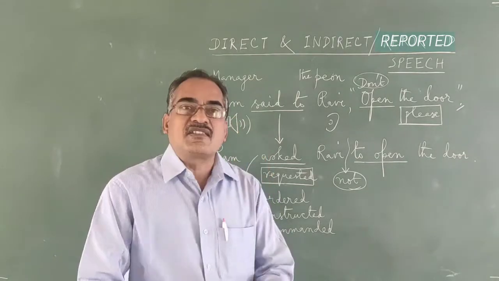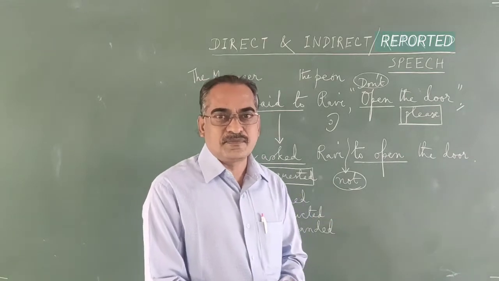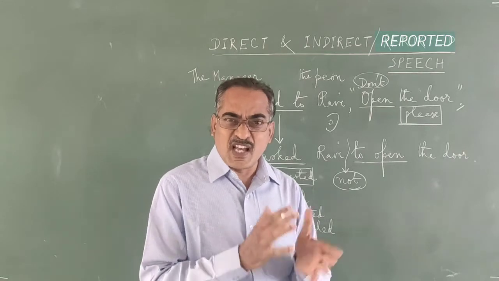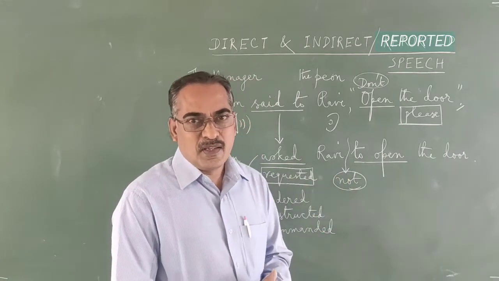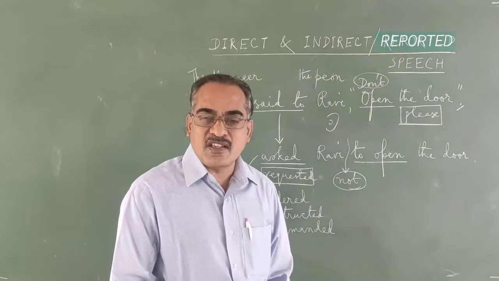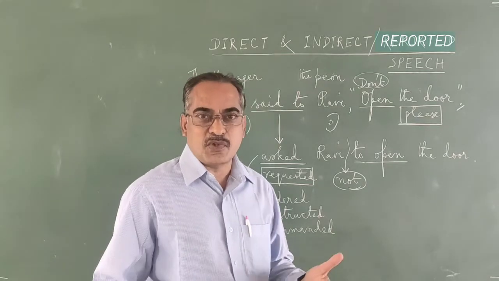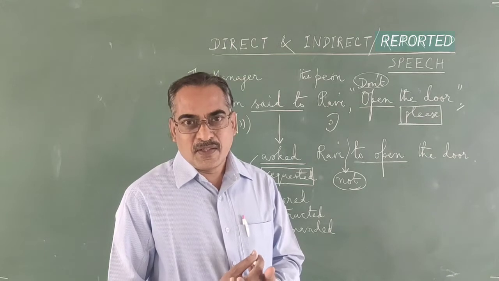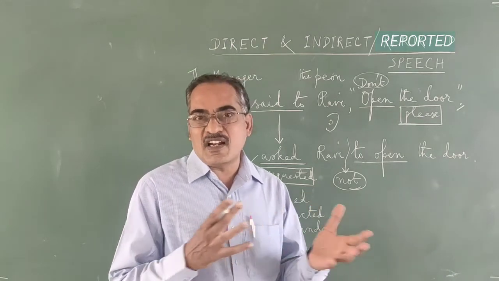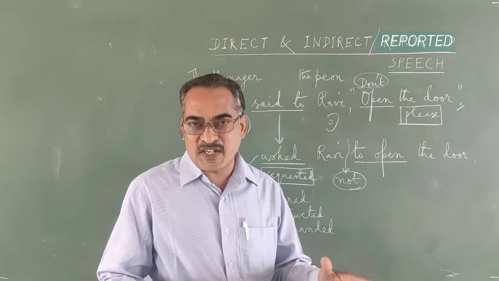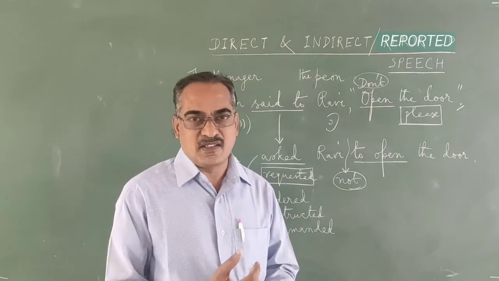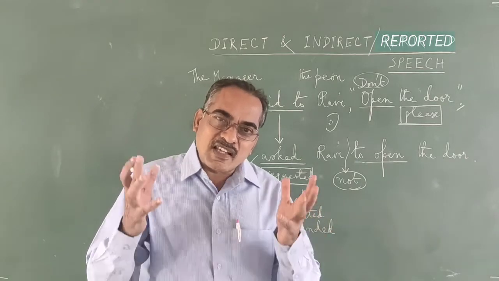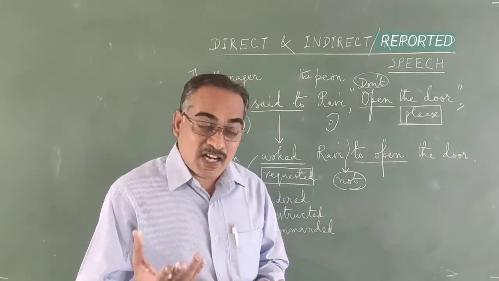So, if the word please is there, we have to go for requested. If it is not there, see who is talking to whom. If the superior authority is talking to a subordinate, we have to use ordered or commanded or instructed. If the speaker and listener are of equal rank or friends, you can say asked. In case you feel it is something like an advice, you can even write advised.